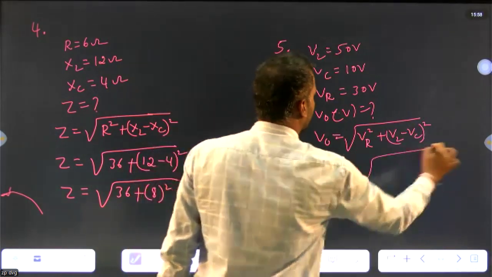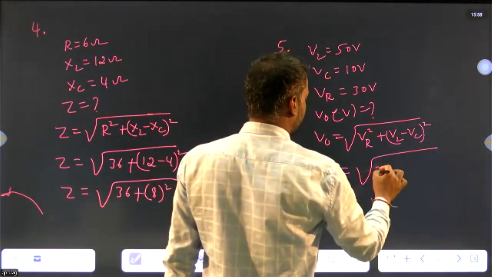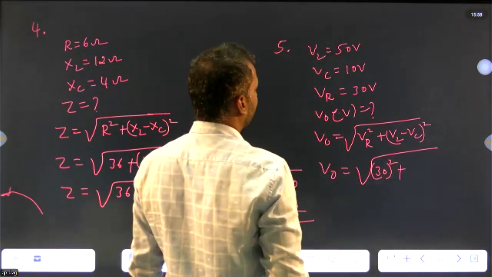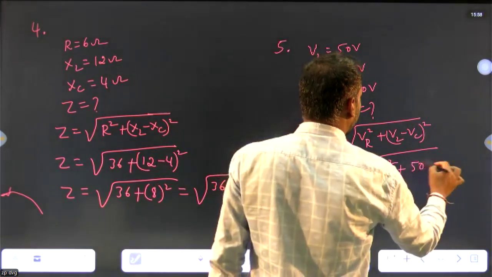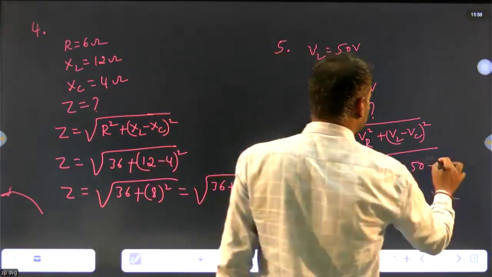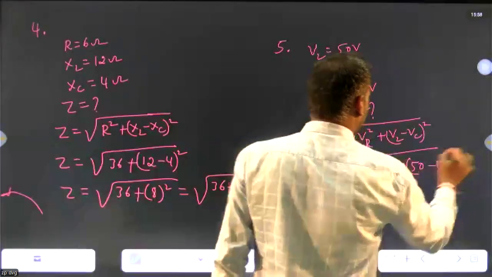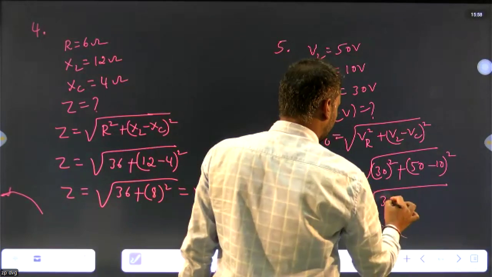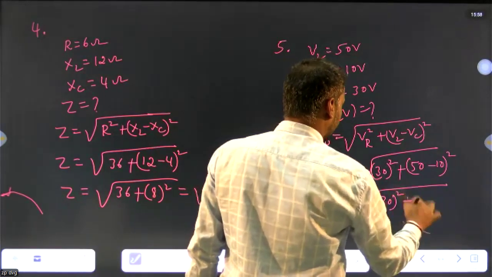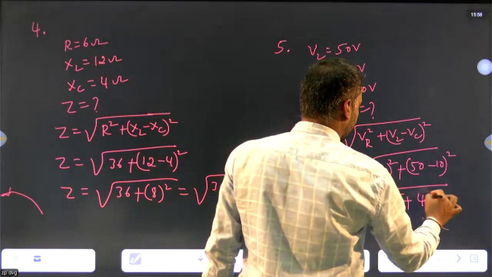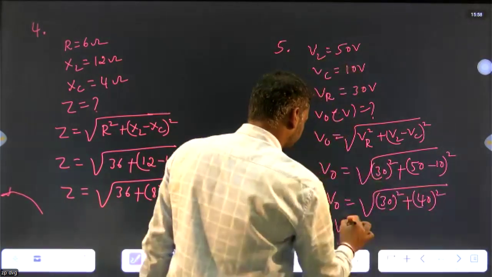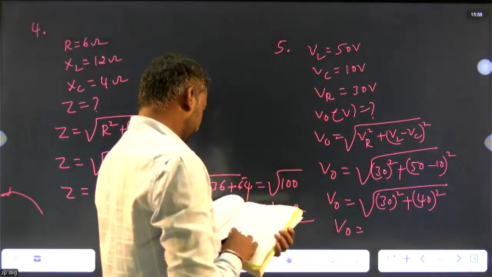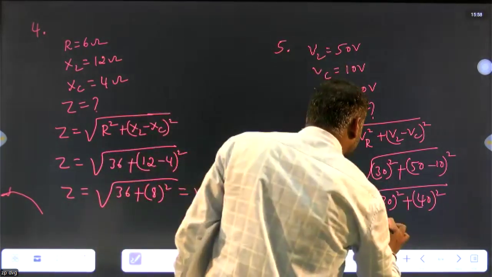V naught is equal to square root of 30 square plus 50 minus 10 whole square, which is root of 30 square plus 40 square. V naught is equal to 50 volts.